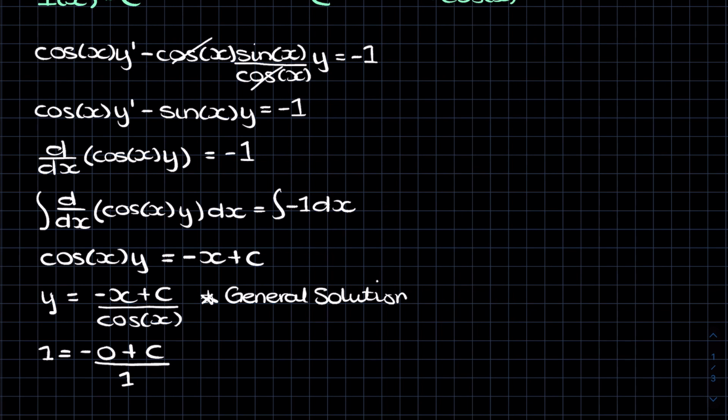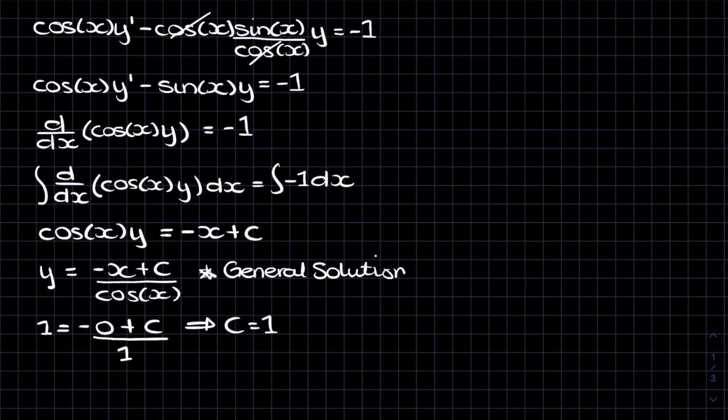So we're going to end up with c equals 1. Now we can write our specific solution. y of x equals minus x plus our constant 1 over cosine of x. So this is our specific solution.